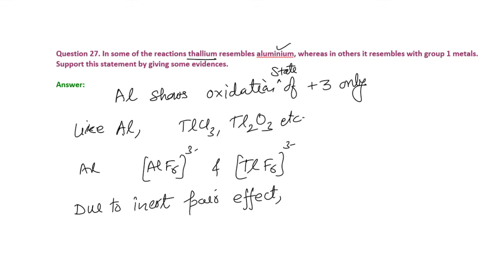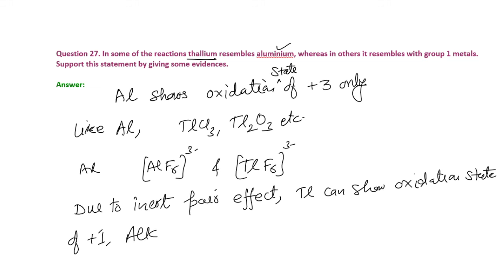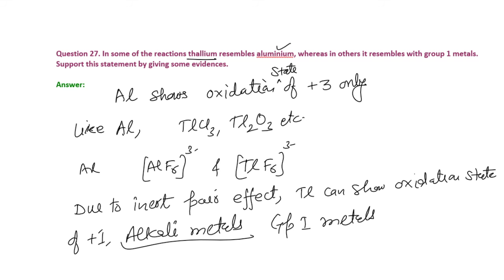So due to inert pair effect, thallium can also show an oxidation state of +1, and you know, group 1 alkali metals show an oxidation state of +1 only.